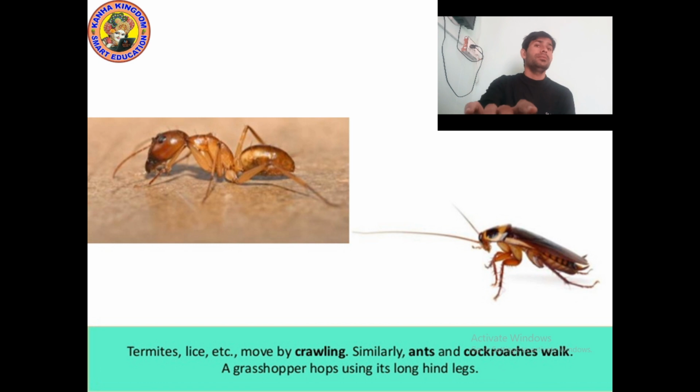Termites and lice move by crawling. Similarly, ants and cockroaches can walk, and grasshopper, this is the spelling of grasshopper.